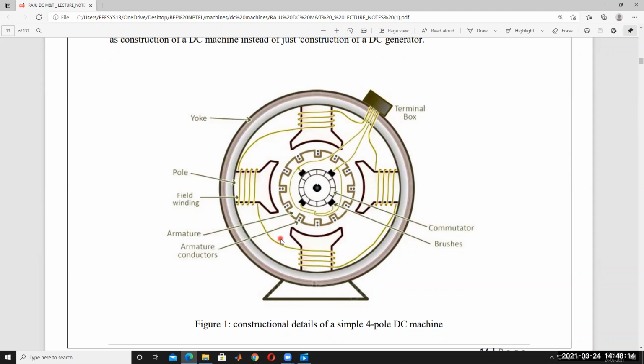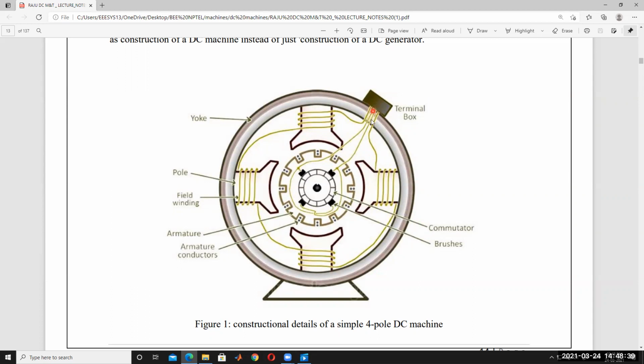Construction of the motor: this is the stator and this is the rotor. The stator has poles producing a stationary magnetic field. These are not permanent magnets; the field can be controlled by using an external power supply through the field winding.